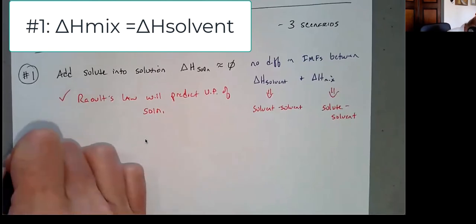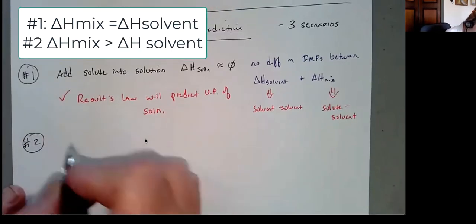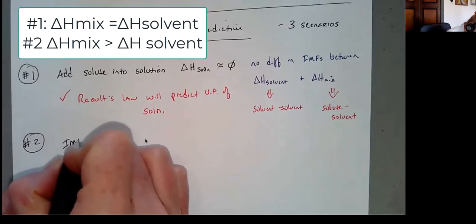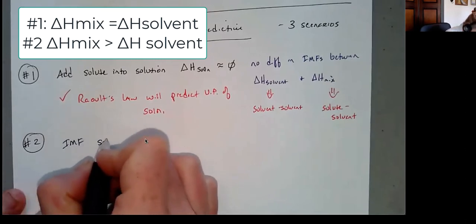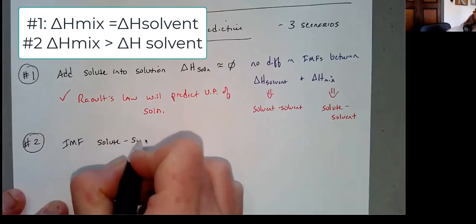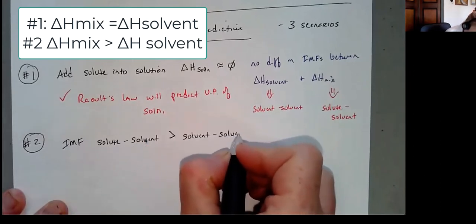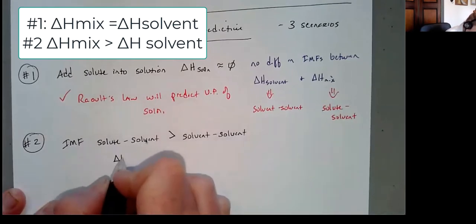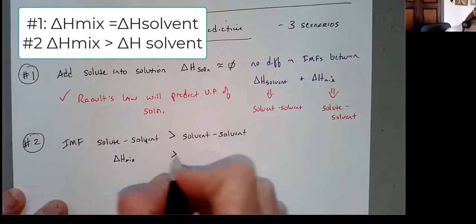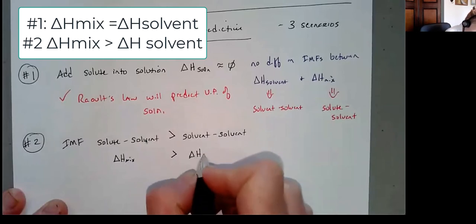Scenario number 2 is that my intermolecular forces between my solute and solvent are greater than my solvent-solvent. So now my delta H of mix is greater than my delta H of my solvent.